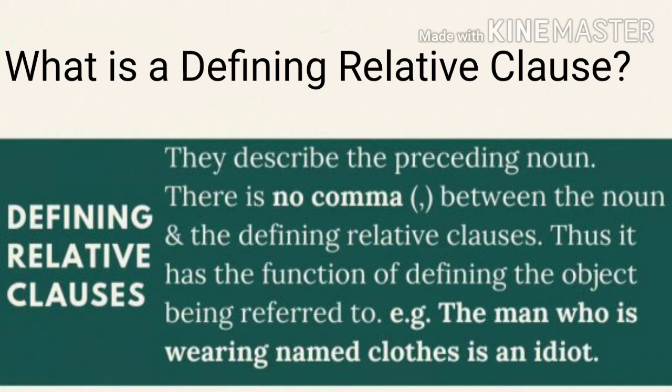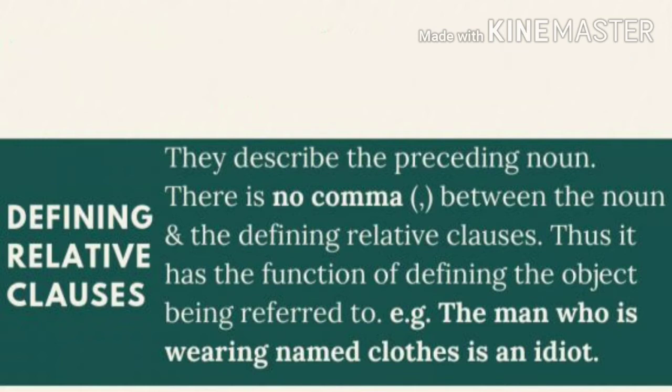So here, who is wearing named clothes is a defining relative clause because it defines the preceding noun, that is the man. We haven't used any commas here. Here we are defining an idiot man, so it is called a defining relative clause.